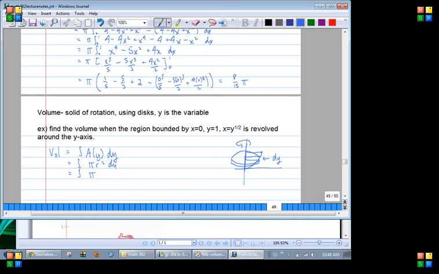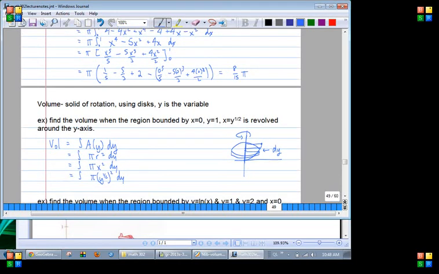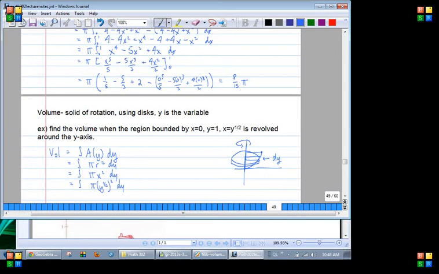Exactly. The radius is the x value. And what is the x value? Y to the half. And there's one thing that's missing from this integral to make the setup complete. The boundaries.